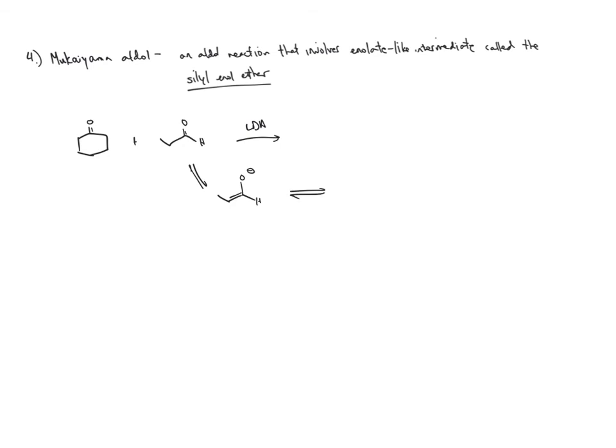This enolate can then react with either another equivalent of the aldehyde, or it could even react, probably in small amounts, with the ketone. Okay, so we already have two different products that could form.